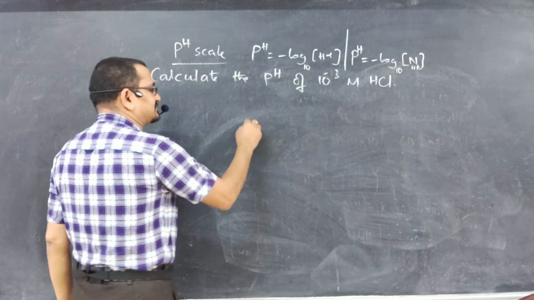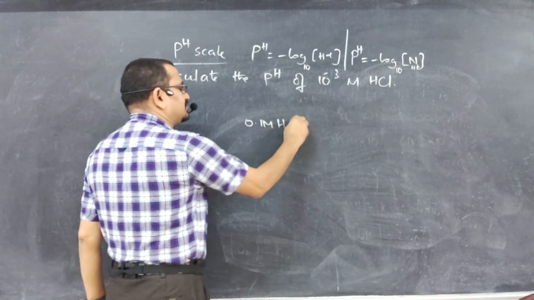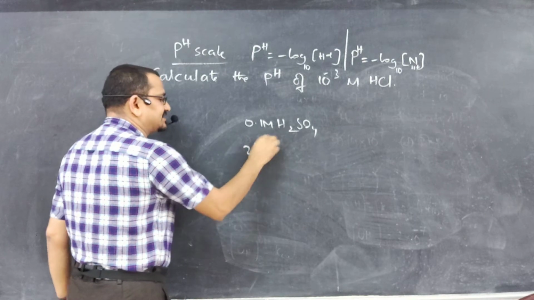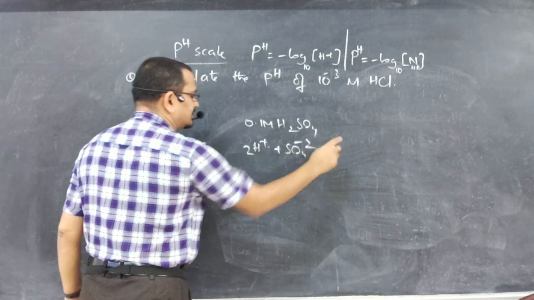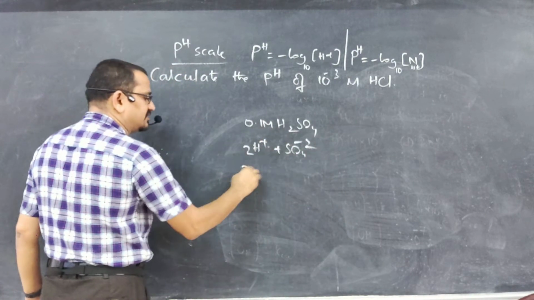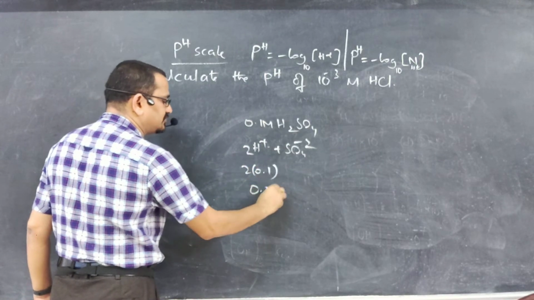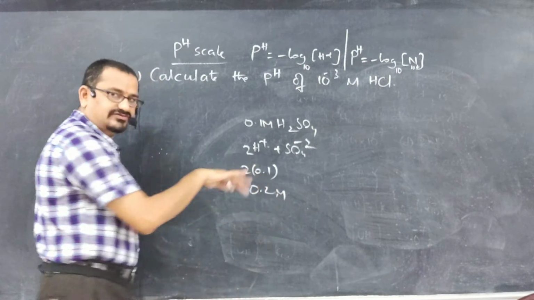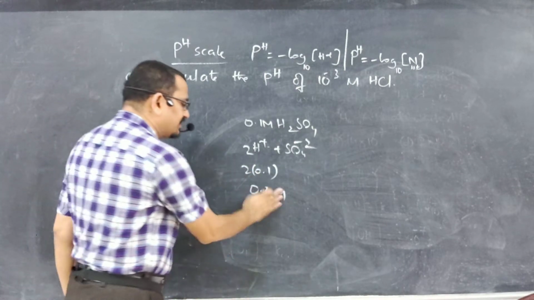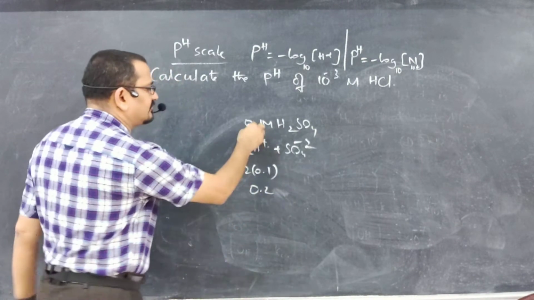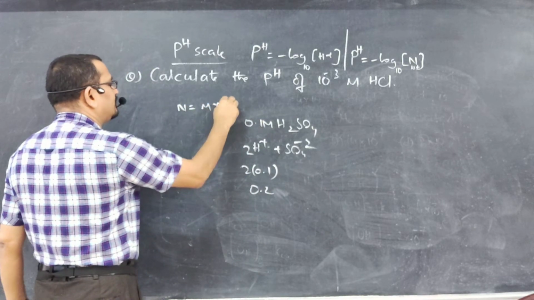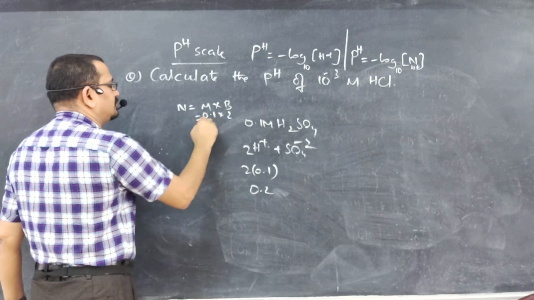Suppose, let me explain. 0.1 molar H2SO4. What is the H plus ion concentration? H2SO4 gives 2H plus and SO4 power minus 2. As this is 0.1, 2 into 0.1 is 0.2 molar. You are taking 0.2 as the concentration, which is nothing but its normality. How do you convert 0.1 molar into normality? Normality equals molarity into basicity, 0.1 into 2, 0.2.